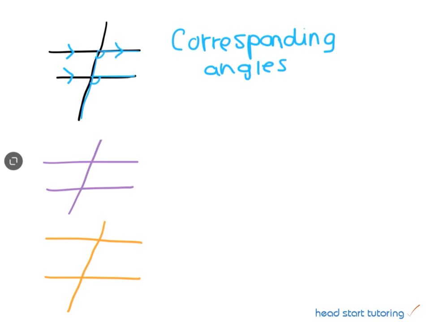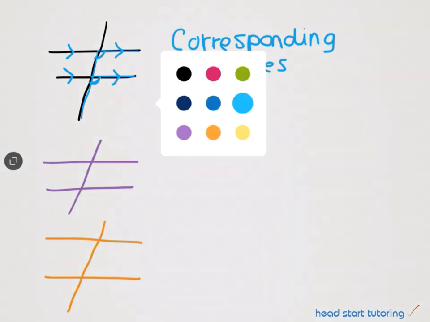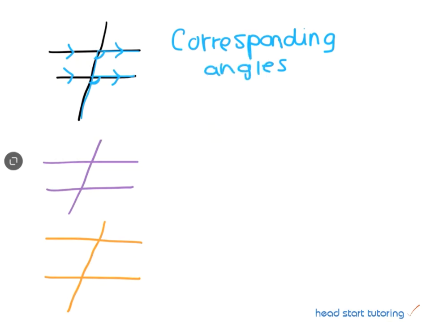So these lines here are parallel, and therefore this line that is intersecting our parallel lines will create a shape that looks a bit like an F, and there are the two angles that are equal to each other.